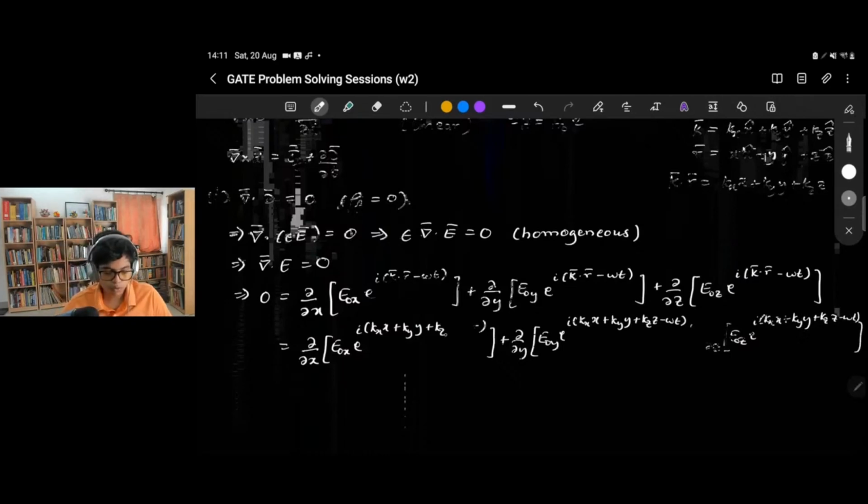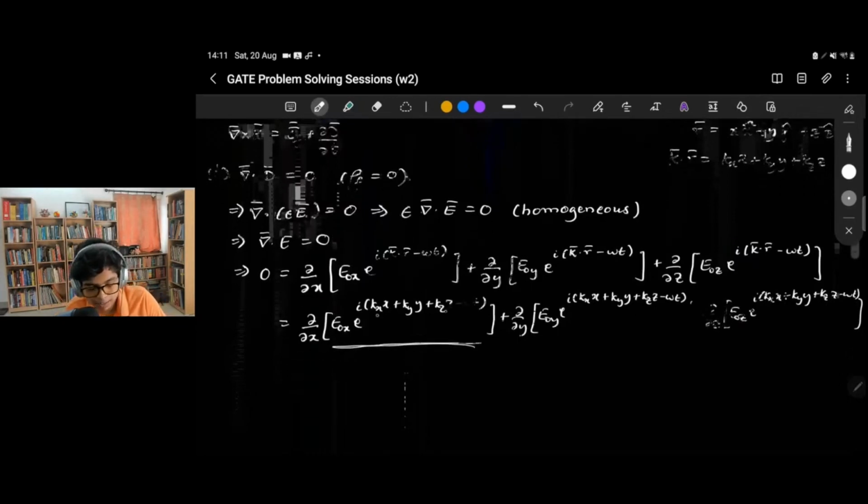Now you see that del by del x, look at this first term. So when you differentiate with respect to x, you get ikx term outside. So what you get is E naught x is a constant and ikx is what comes out from the derivative, and then rest of it is as it is.